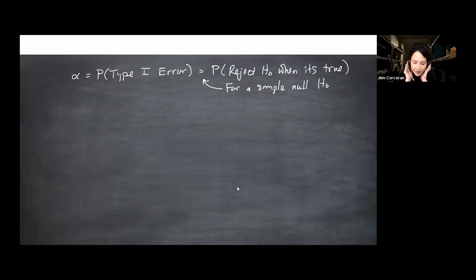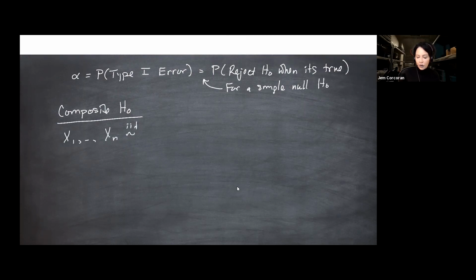Anyway, suppose now we have a composite null hypothesis. We need to define this level of significance and find a test. So I'm going to do the same example we had. We've got X1 through Xn, IID normal mu, sigma squared, where sigma squared is known.